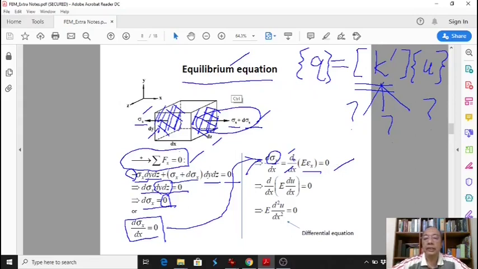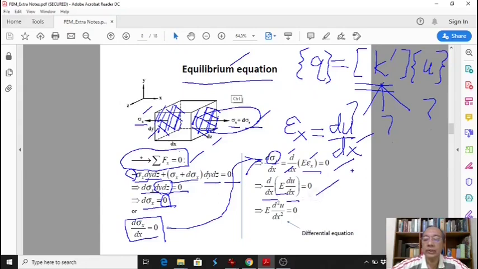So d per dx of E times strain x. From the previous slide, we defined strain x as du per dx. So we substitute the strain term: strain is equal to du per dx. We get E d per dx of du per dx equal to 0.